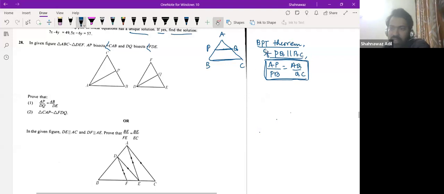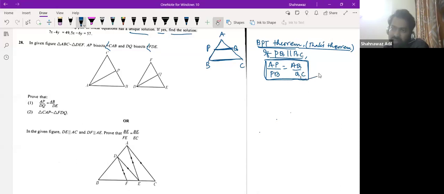In the triangles chapter we have studied the BPT theorem, which is also called Thales theorem, the basic proportionality theorem. Remember it: it says that if you have a line which is parallel to the third side, this line divides the other two sides in equal ratio.